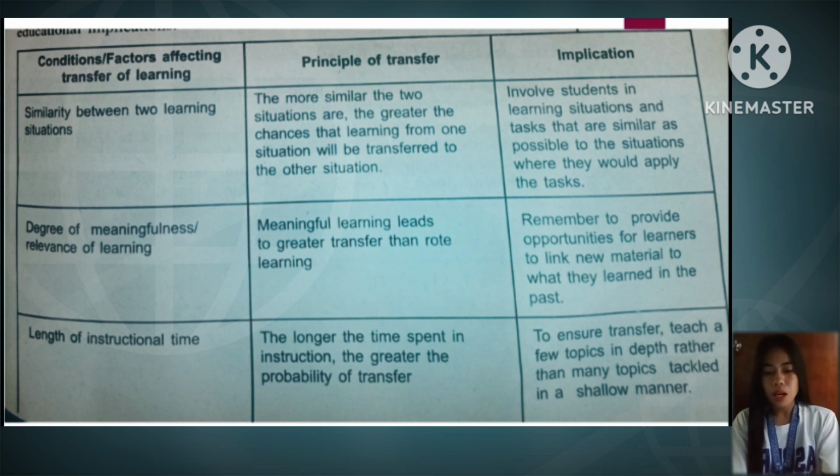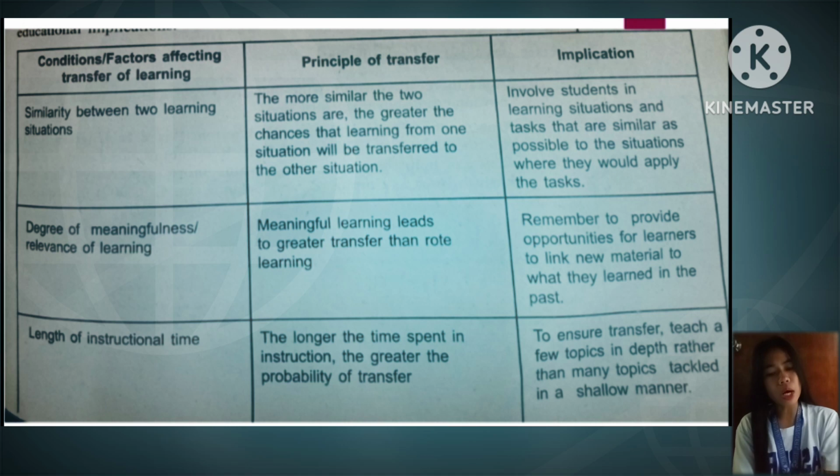Kumbaga, kung mas magkatulad ang dalawang sitwasyon, mas malaki ang pagkakataon na ang pag-aaral mula sa isang sitwasyon ay maililipat sa kabilang sitwasyon. So, the implication: involve students in learning situations and tasks that are as similar as possible to the situation where they would apply the task.